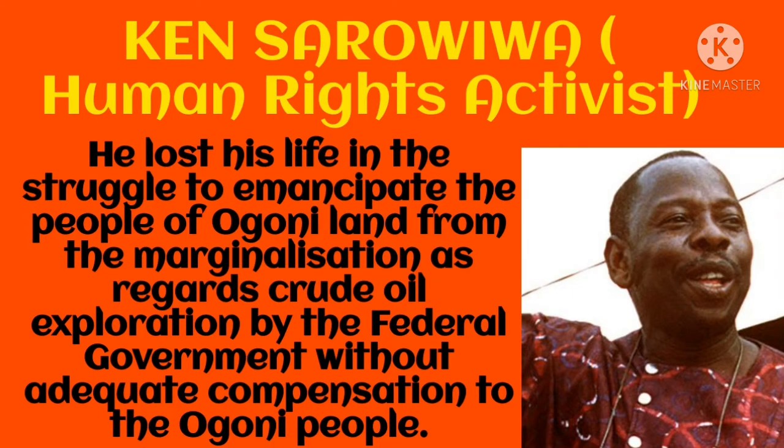Now let's look at Ken Saro-Wiwa. When we talked about pressure groups and human rights activists, we discussed this man, Ken Saro-Wiwa. He is a human rights activist, and he died in the struggle for the emancipation of the Ogoni people in the Niger Delta region, Rivers State to be precise. Now, we have other human rights activists from the international end.